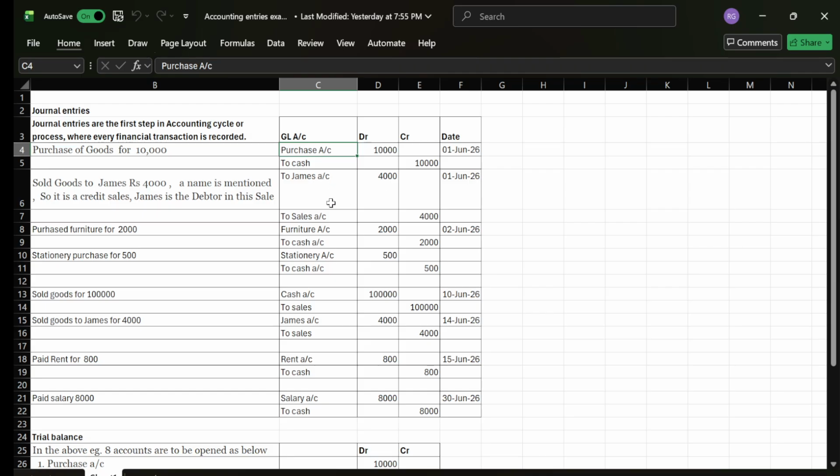I'm not going to receive it immediately because it's a credit sale. I'm going to receive it at a later stage, and so it's an accounts receivable. My accounts receivable is increasing. Accounts receivable is an asset account, so apply the keyword DEAL. A is for asset. So I am increasing my asset, which is my accounts receivable.